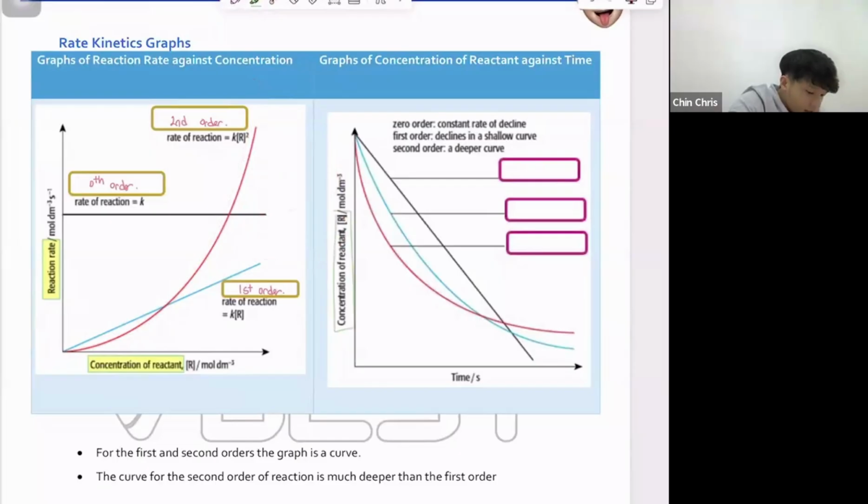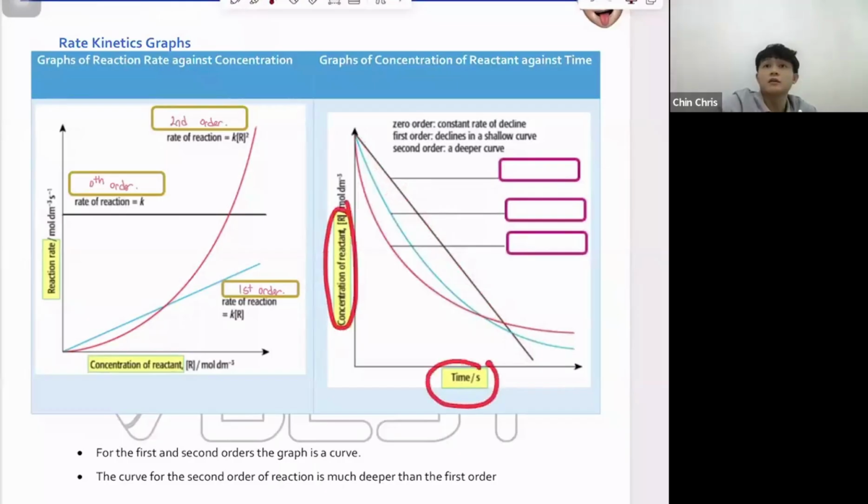Last, guys, look at this. This is the concentration of reactant versus time graph. The first type is when the concentration of reactant decreases steadily. Remember, in the concentration versus time graph, how do you identify your rate of reaction?